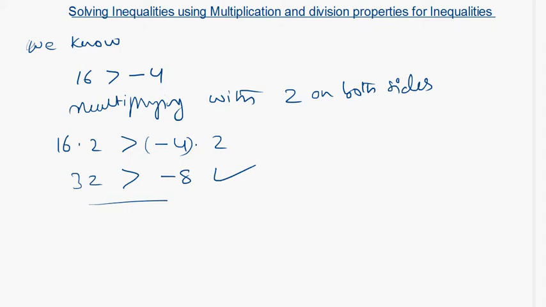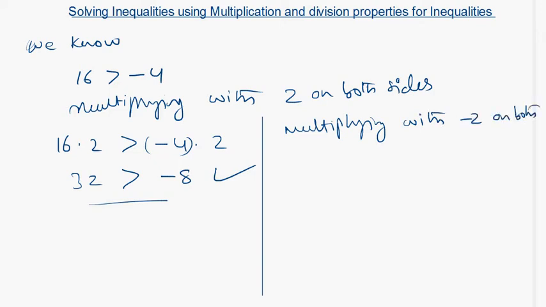Now let us multiply the same inequality with a negative number, for example negative 2. Let's draw a line in between. Multiplying with negative 2 on both sides, that gives you 16 times negative 2 greater than negative 4 times negative 2.